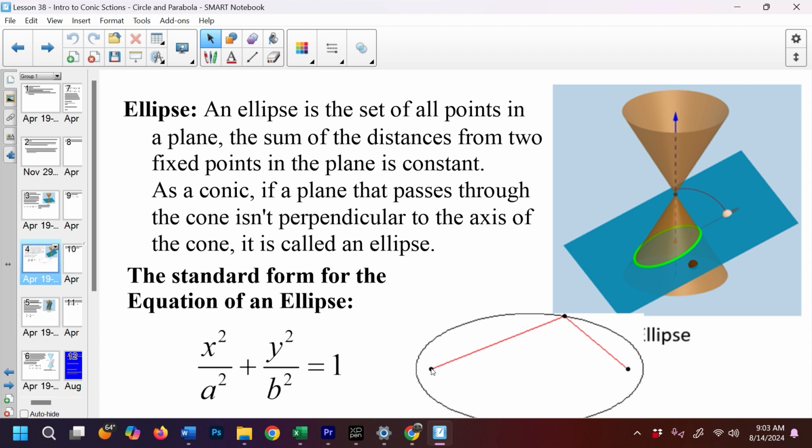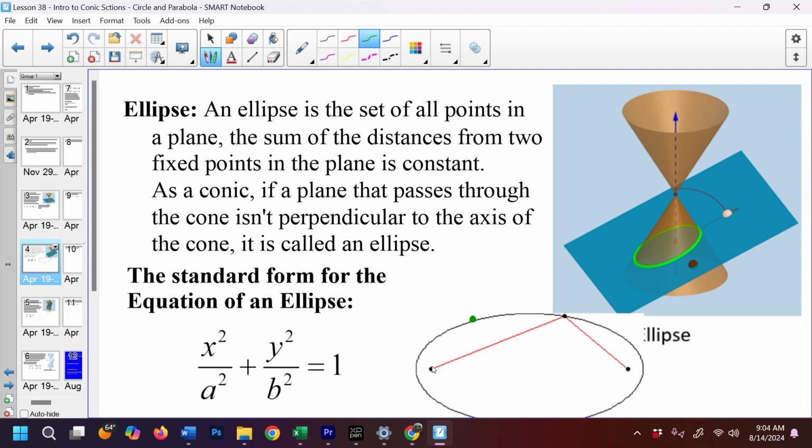Basically, instead of a single point like in a circle, if I have two points, for any point on the ellipse, you could draw two lines to them, and the sum of those two lines would be the same. So if I pick this point right here, and I take that segment and that segment and add those two segments together, it would be the same as this red segment and that red segment.